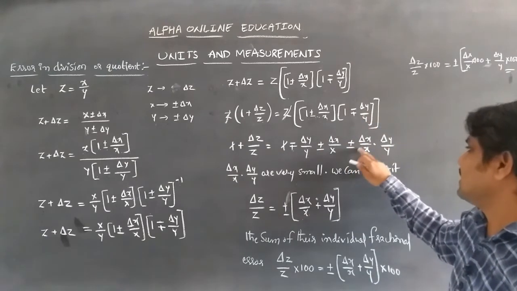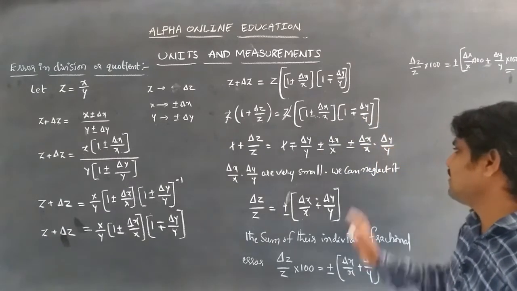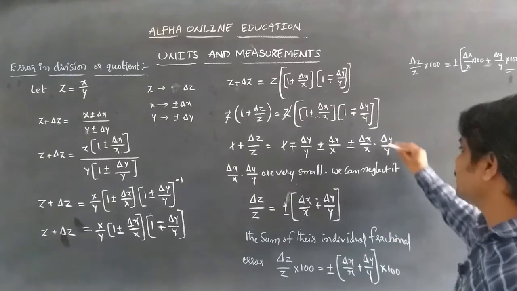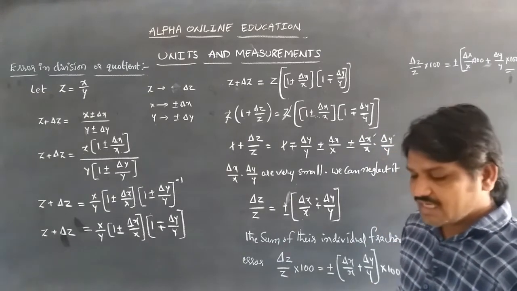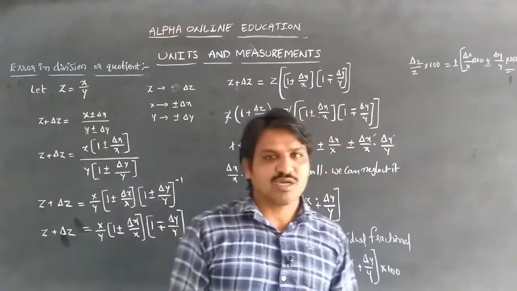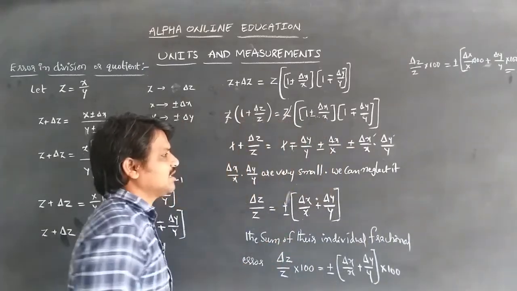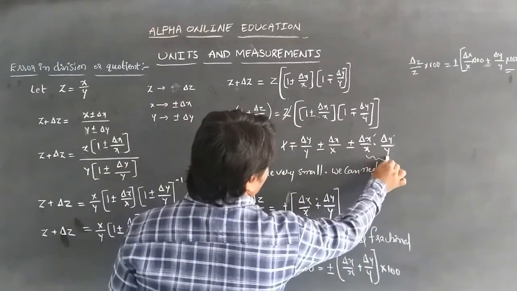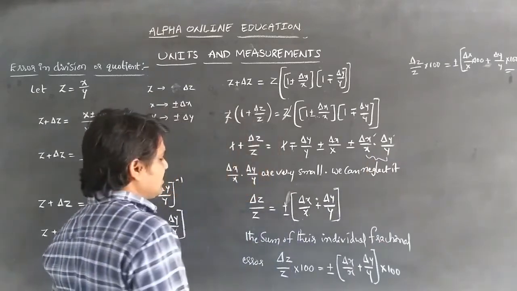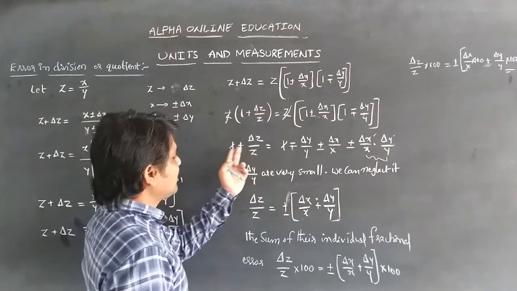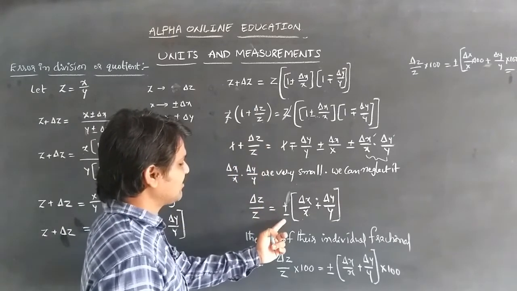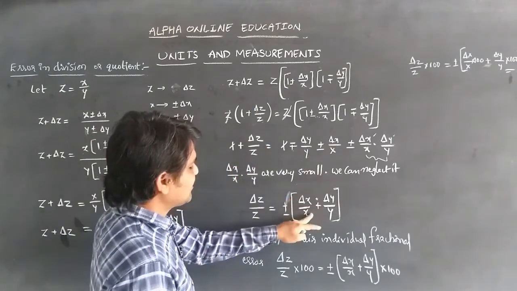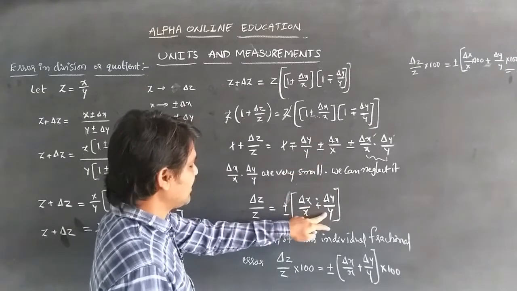Here we know that the values of delta x by x and delta y by y are very small, so when both are multiplied we can neglect it. The 1 gets cancelled, and the remaining value is delta z by z is equal to plus or minus delta x by x plus delta y by y.